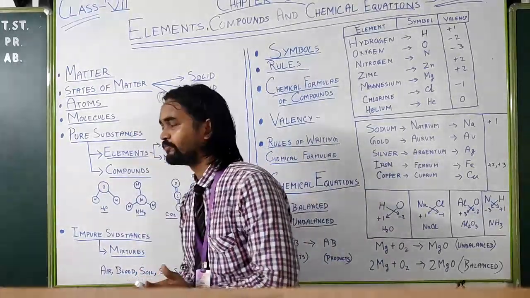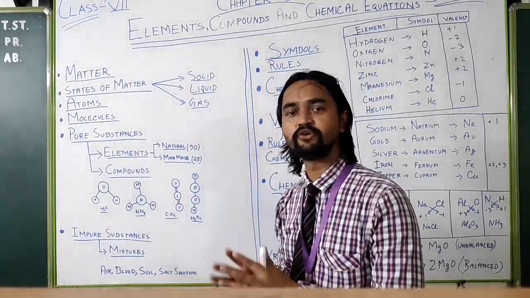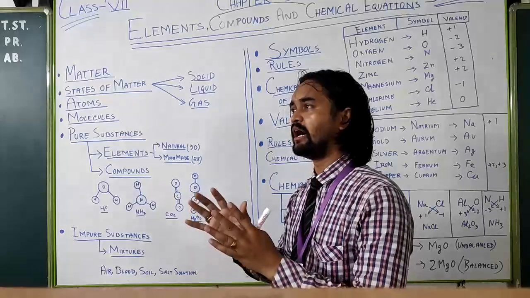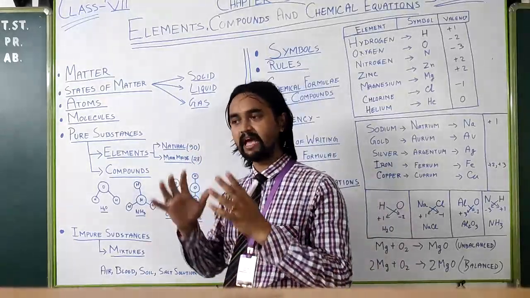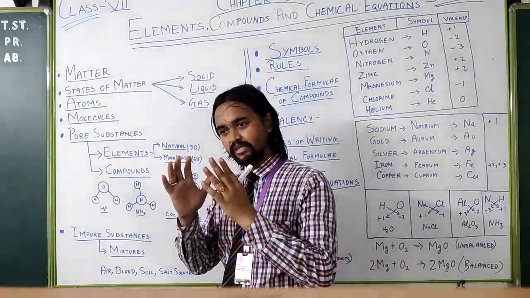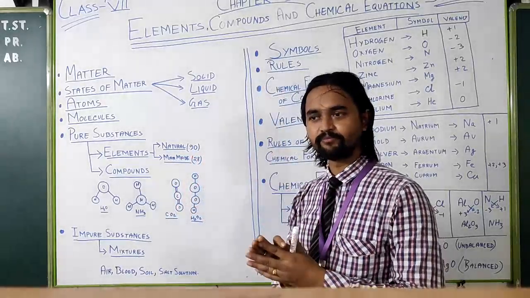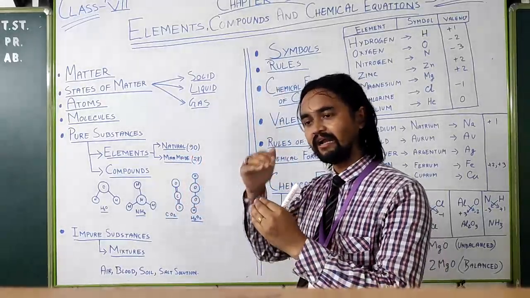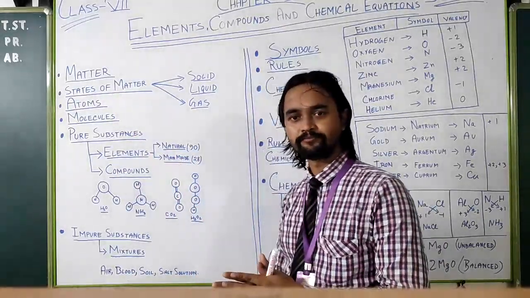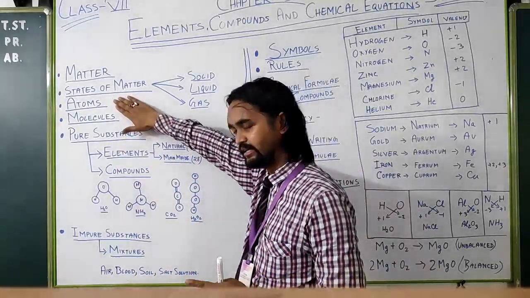For example, all the atoms of an iron rod are of the same type. They have the same mass, the same property. If we divide the iron rod into smaller pieces, ultimately we can find the atom of iron, where the properties of iron are written.